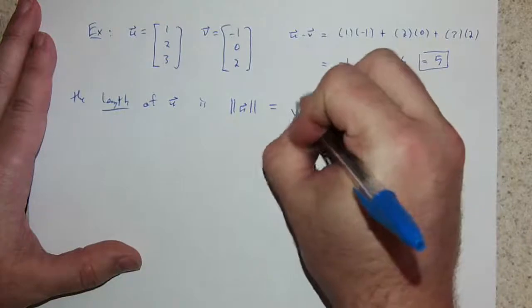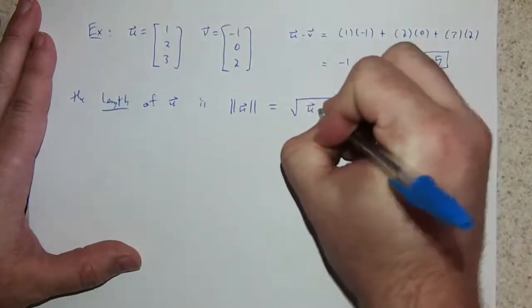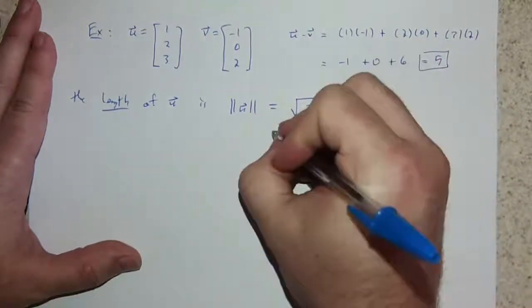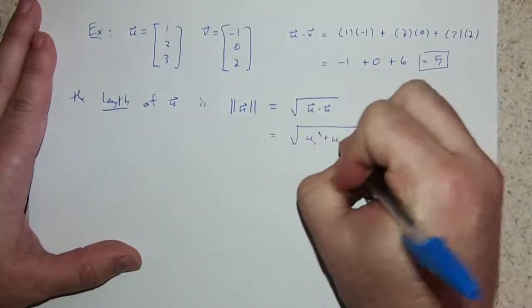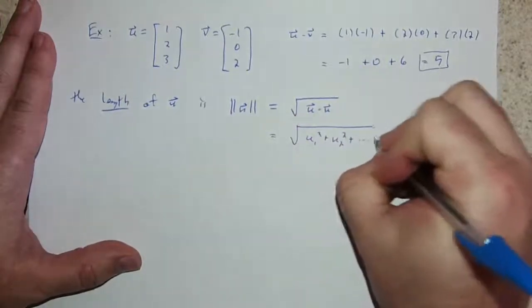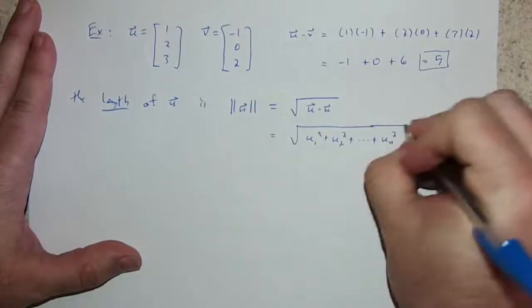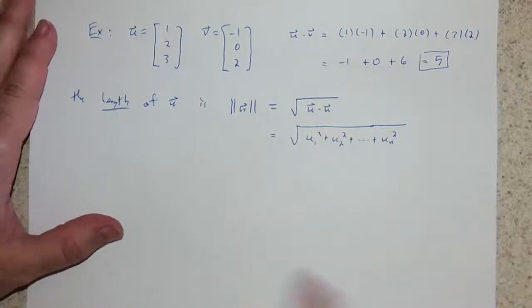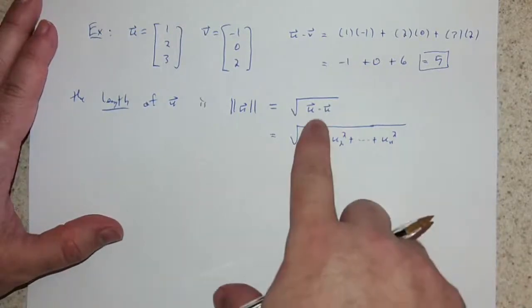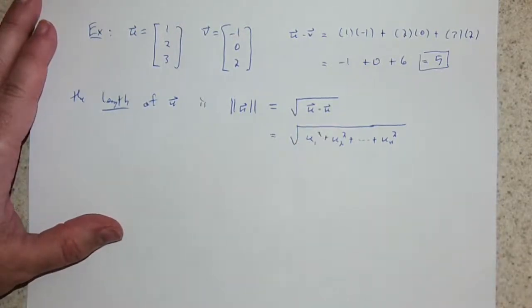It is the square root of u dotted with itself, so the square root of u1 squared plus u2 squared, and so on all the way out to un squared. All this is, of course, is the distance formula between the origin and a point u1 to un, an n-tuple in Rn. This is a nice way of remembering it: it's just the square root of u dotted with itself.